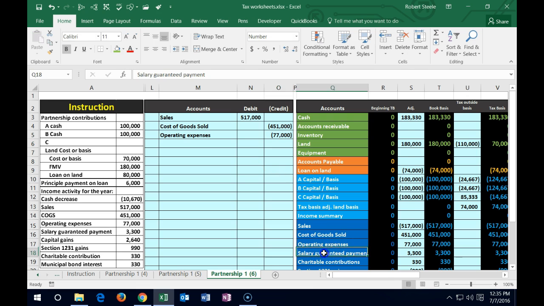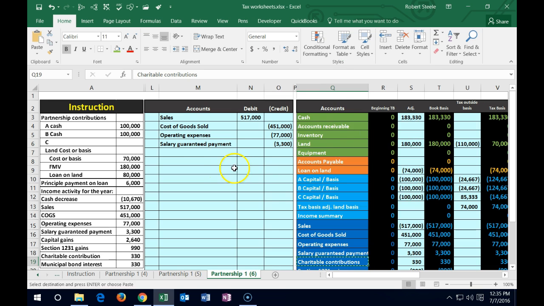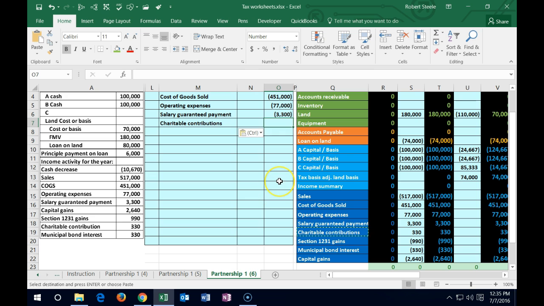And then we got salary and guaranteed payment. It's going to be a debit. We're going to do the opposite to make it go down, 33. Charitable contributions. It's also an expense, a debit. We need to make it go down. So I'm going to copy that. And that's going to be a credit of 330. And then we've got the section 1231 gains.